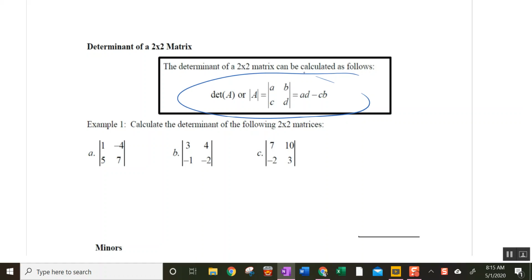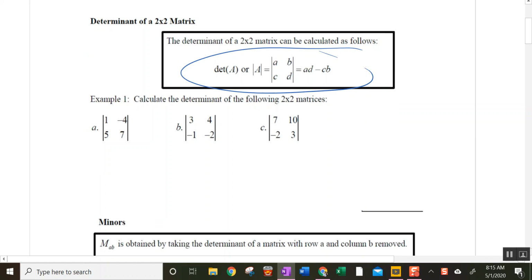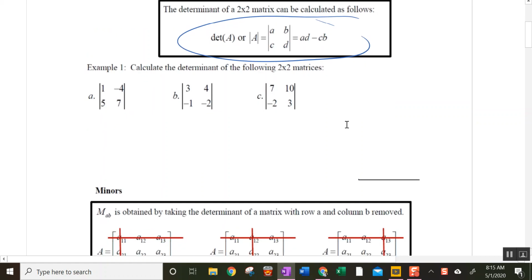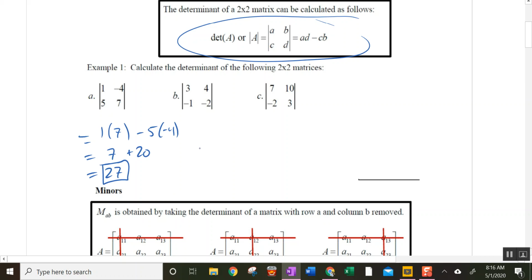If we apply that down here to these 2 by 2 matrices, I'll do at least one of these. The determinant of this 2 by 2 would be 1 times 7 minus 5 times negative 4, or 7 plus 20, which is obviously 27. Same thing over here, this next one, we can say 3 times negative 2 minus negative 1 times 4, or negative 6 minus negative 4.